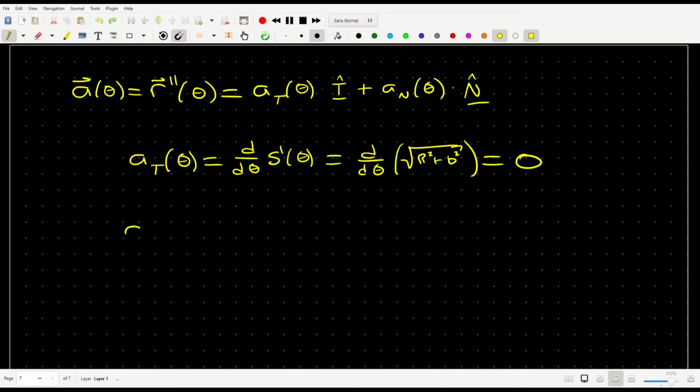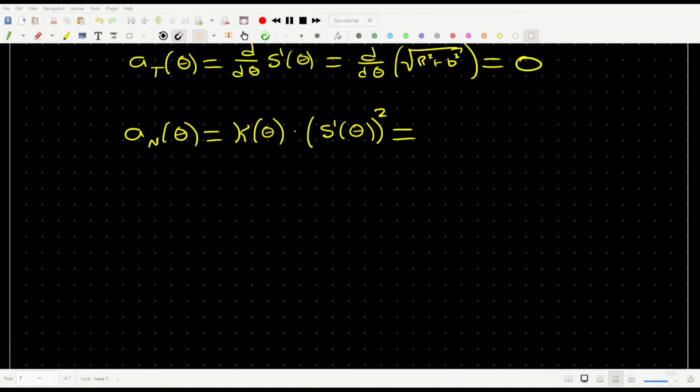The normal component, however, is going to be the curvature as a function of theta, since this theta is our parameter, times s prime of theta squared.